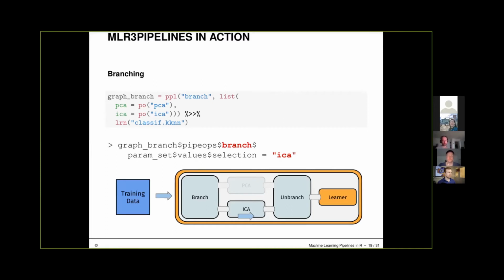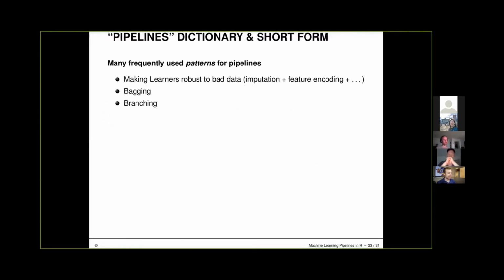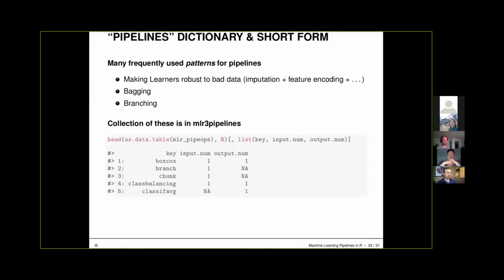And I have a gallery post online that describes this in a bit more detail than I can do here. Most of this summary here I've already shown before. So we have abbreviations for certain patterns in pipelines. This is this PPL thing, which creates partial graphs.